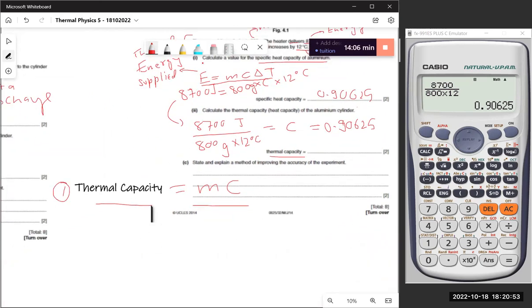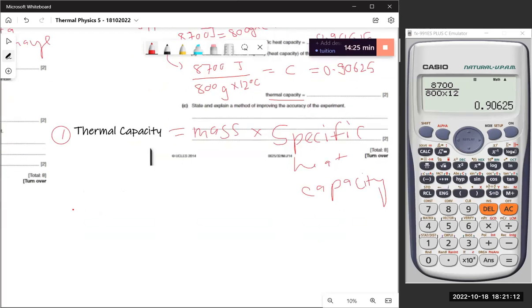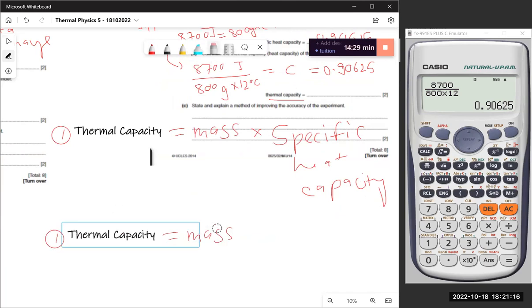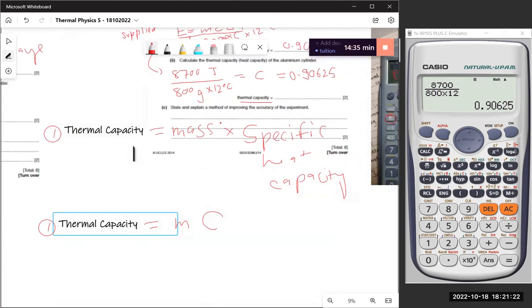First write this: mass into specific heat. And the exact formula will be thermal capacity is equal to MC. M means mass, C means specific heat capacity. Quickly write this, tell me when you're done.